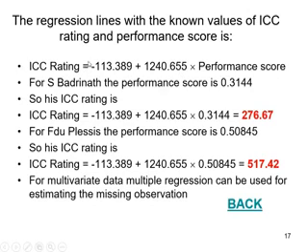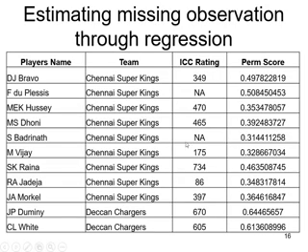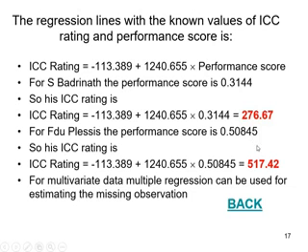Now using this regression line, we can estimate. I don't have the ICC rating of Badrinath, but I know his performance score. So I put the performance score of Badrinath in this equation, and then I find his ICC rating as this.